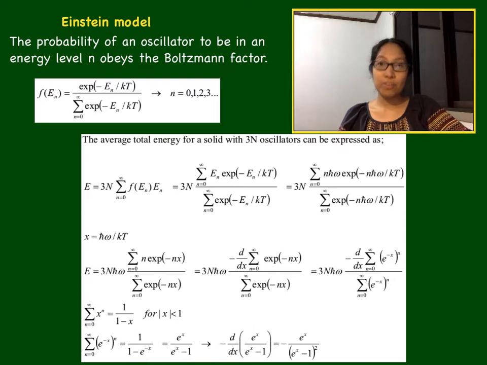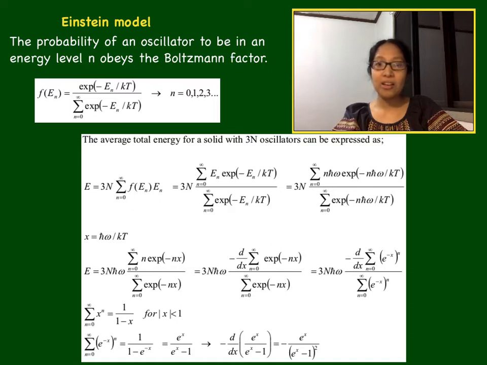The objective at this point is to derive an expression for the heat capacity under the Einstein model. The probability of an oscillator to be in an energy level n obeys the Boltzmann factor. In the following expression, the Boltzmann factor is exponent of negative E sub n over kT, and the probability is written as f of E sub n.